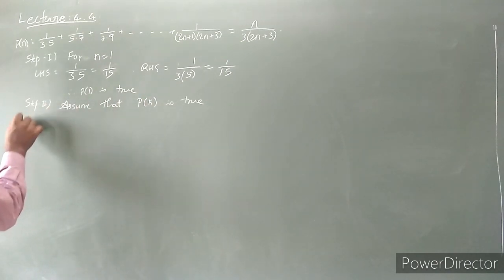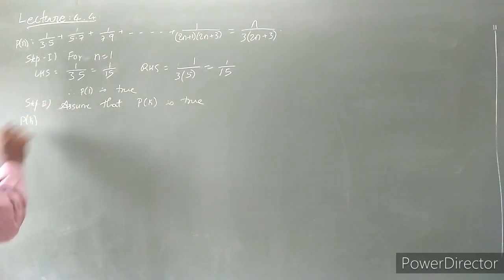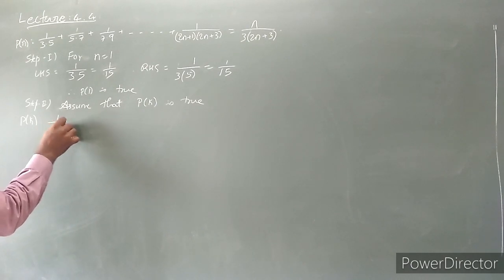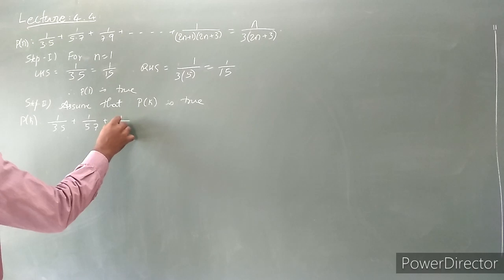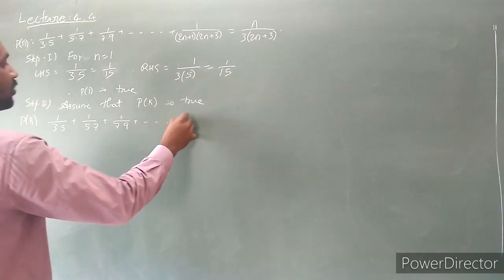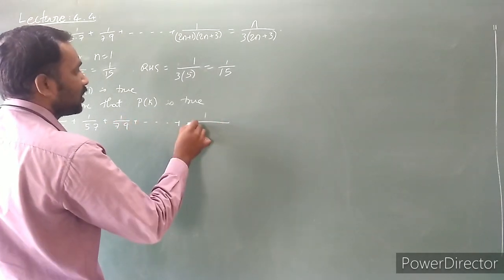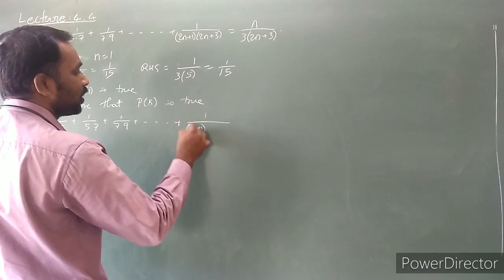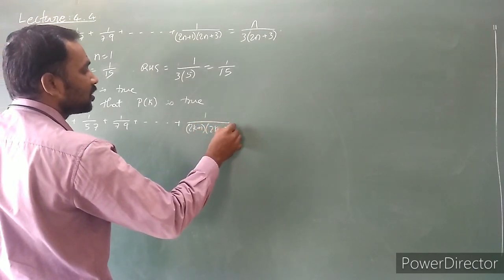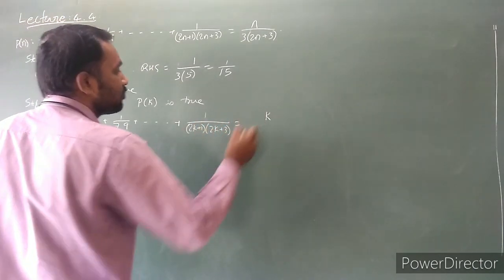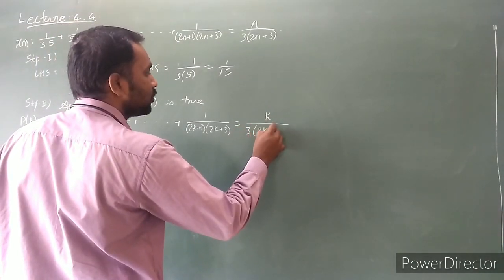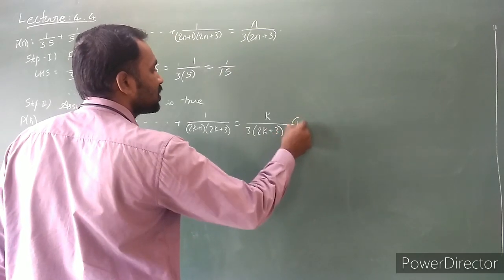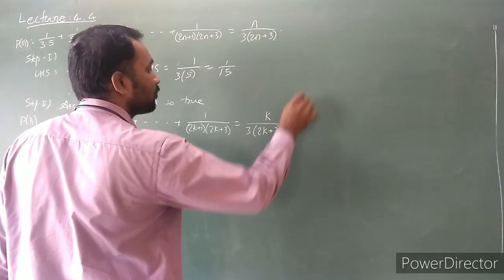So P of k is true means P of k is 1 divided by 3 into 5 plus 1 divided by 5 into 7 plus 1 divided by 7 into 9 plus so on plus 1 divided by 2k plus 1 into 2k plus 3, is equal to, in place of n, replace k: k divided by 3 into 2k plus 3. Call this equation number 1.